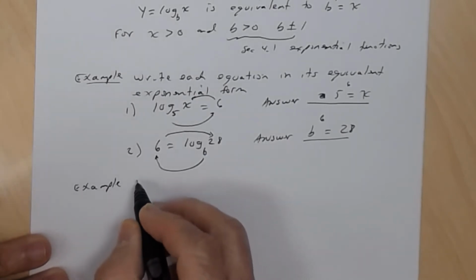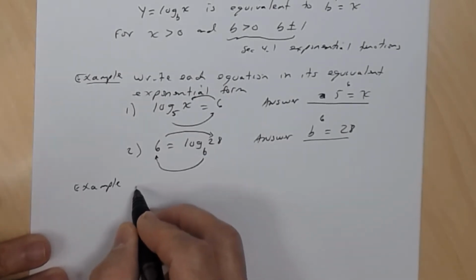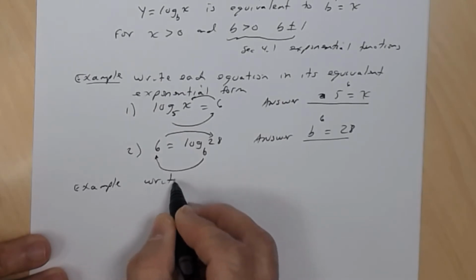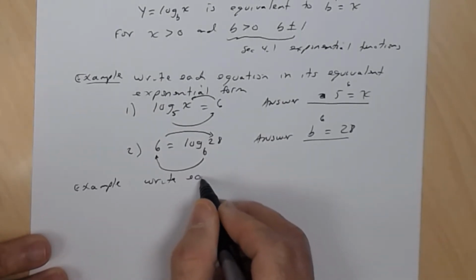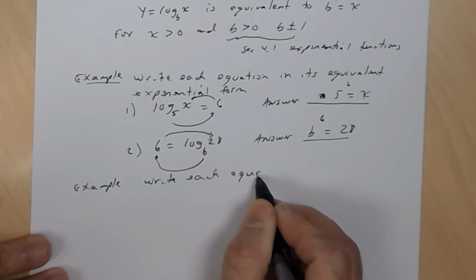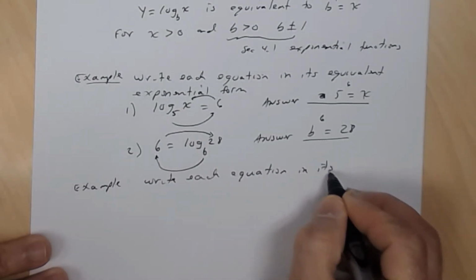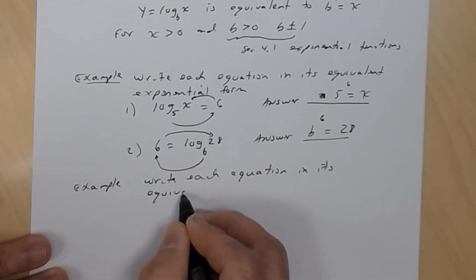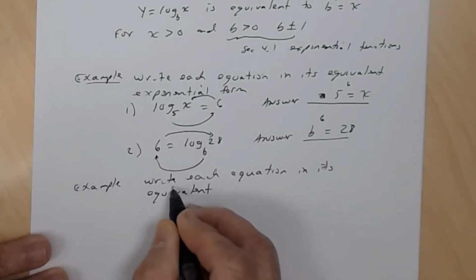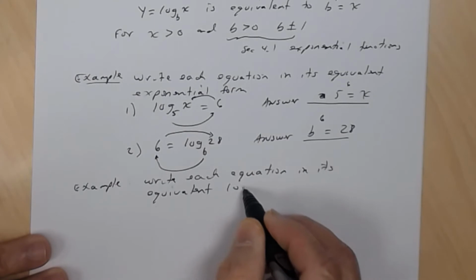Then the other example we looked at in part 1: write each equation in its equivalent logarithmic form.